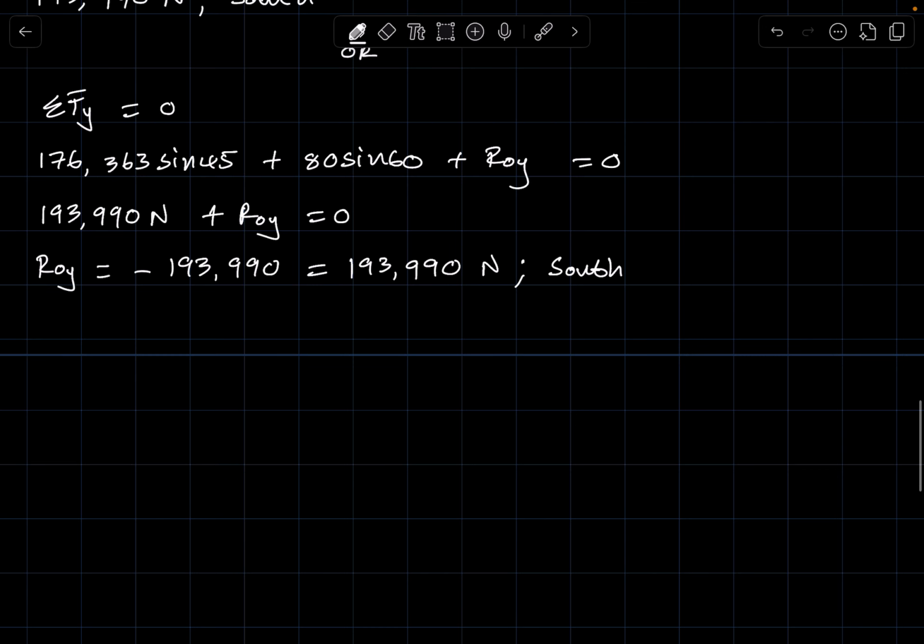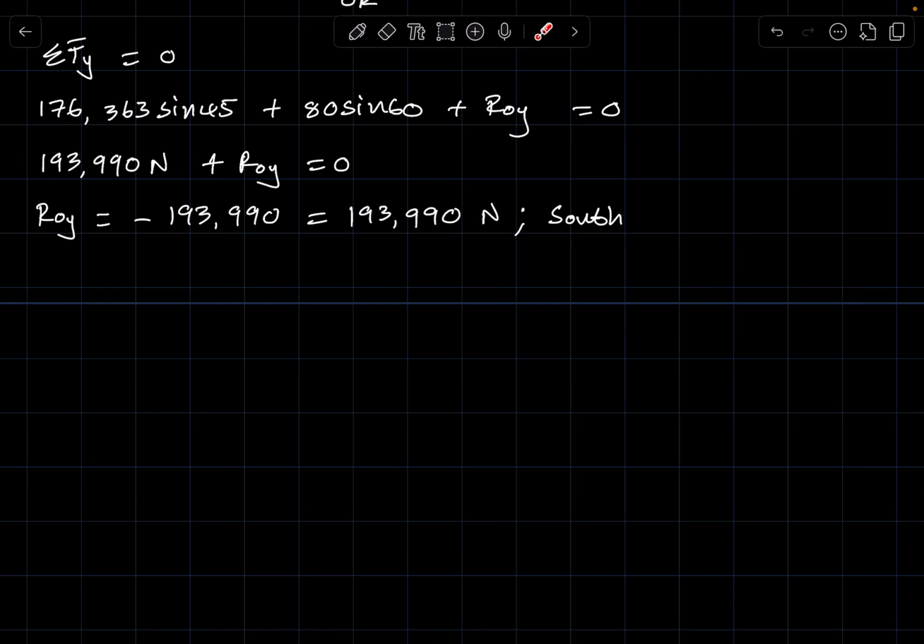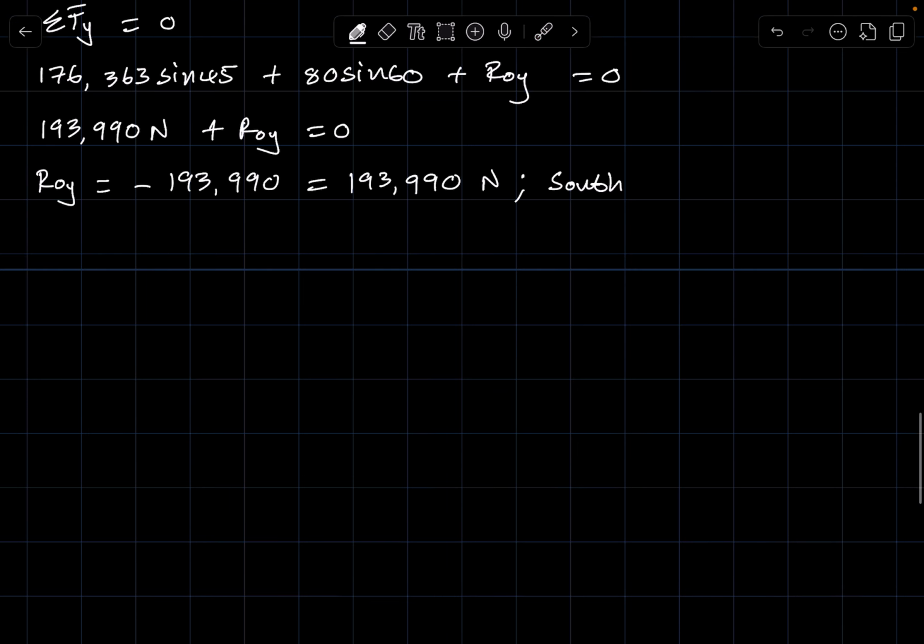Now we need to get the horizontal component of the reaction force, and then apply the Pythagoras theorem to get the actual reaction force. So here we again apply conditions of equilibrium.